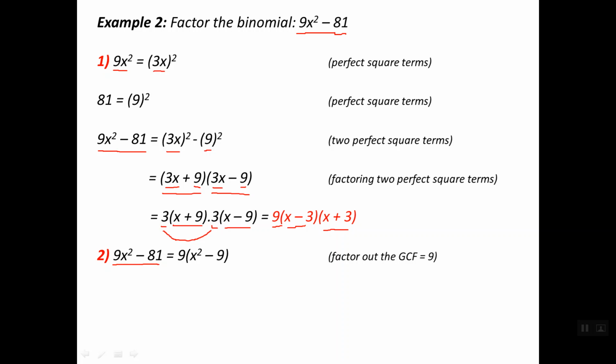The factor of x squared is 9 and the other factor is 81. The greatest common factor for 9 and 81 is 9. So the remaining is simply x squared minus 9.